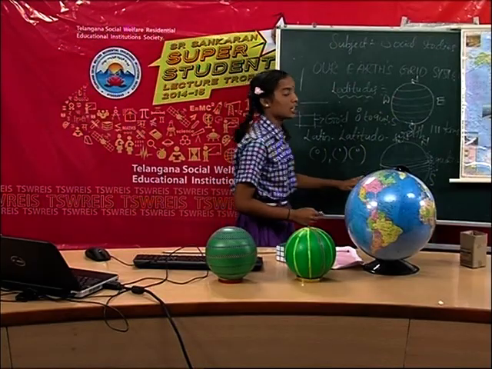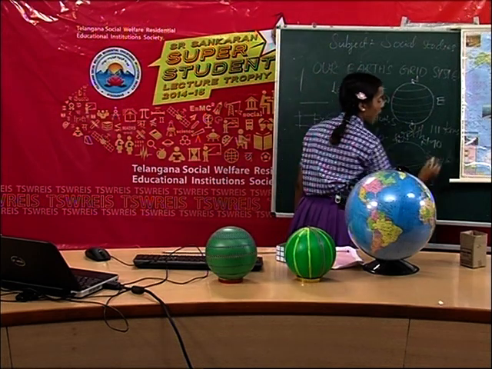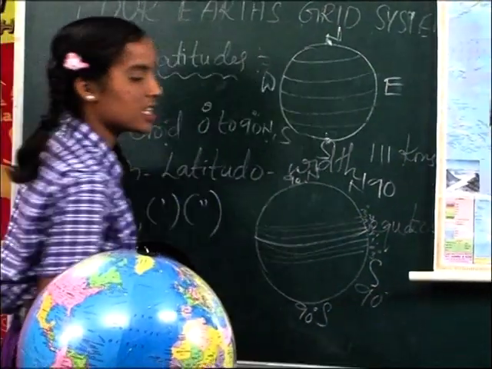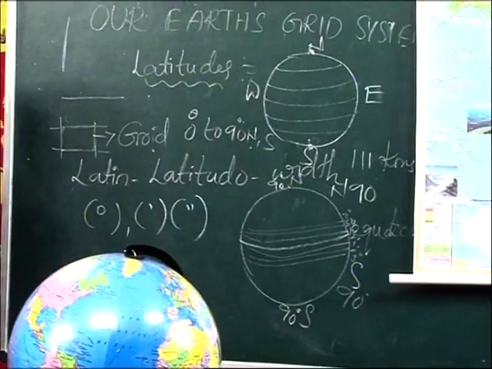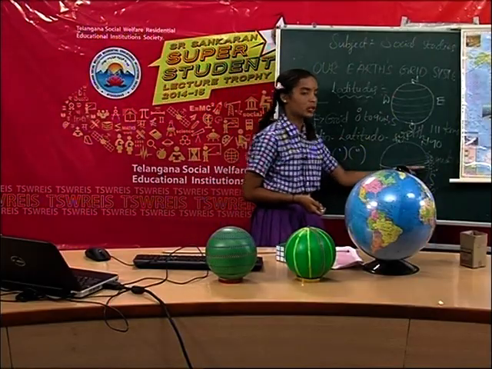And friends, in the northern hemisphere there are totally 90 latitudes, and in the southern hemisphere there are 90 latitudes. Friends, 90 plus 90 is 180, plus 1, including the 0 degree latitude equator.